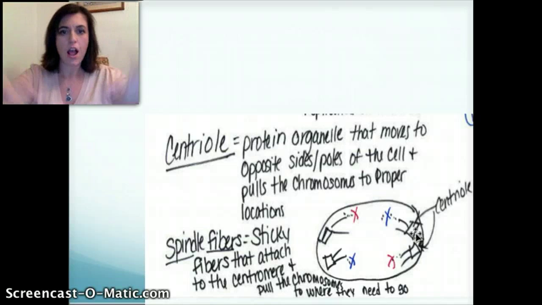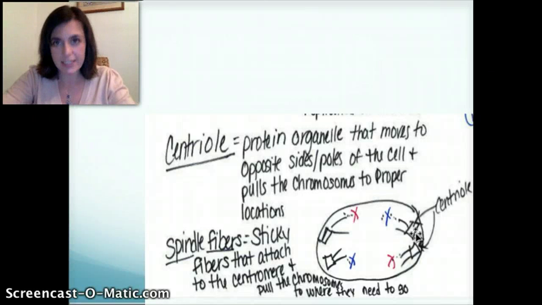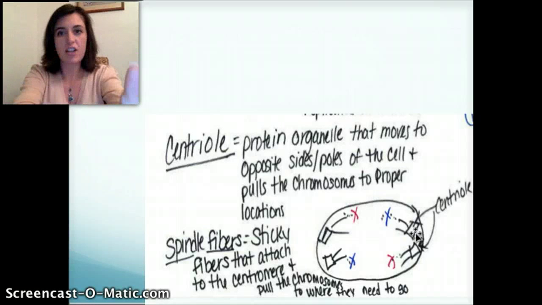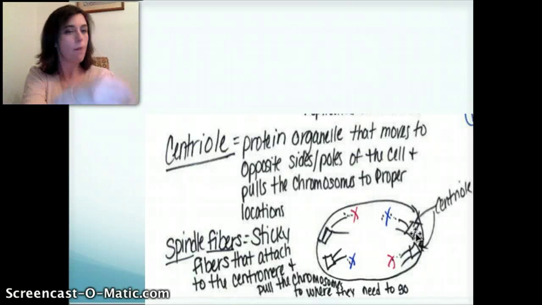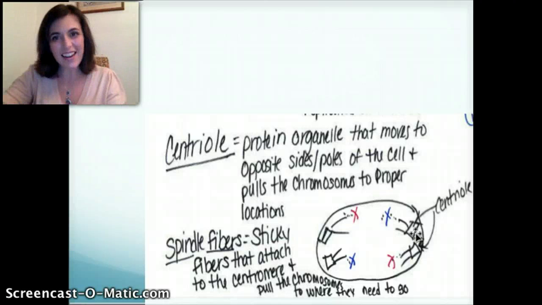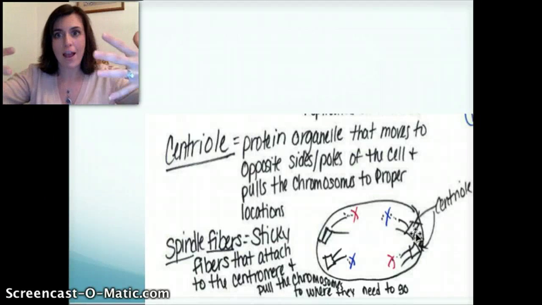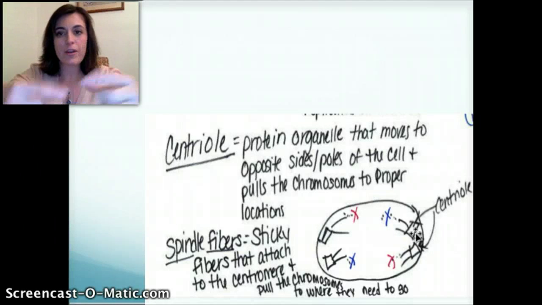And those Spider-Man lifeguards are like, whoa, that's not where you're supposed to be. I'm going to take you where you need to go. They shoot out that webbing, snatch onto the inner tube, and pull them back into safety. That's kind of what these centrioles are doing. They're standing at the edge, shooting out those spindle fibers that grab onto the centromeres and pull them where they need to go.